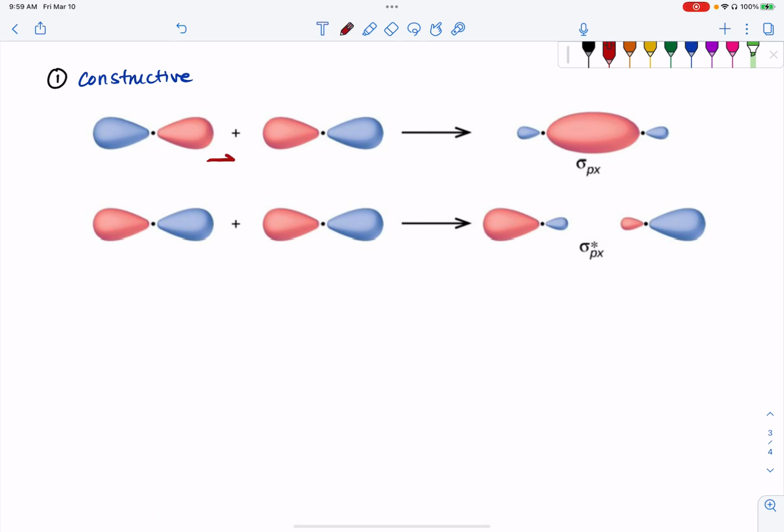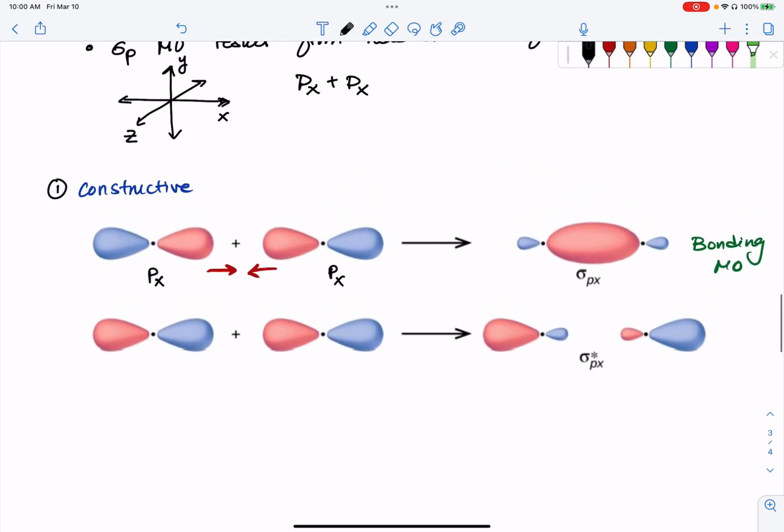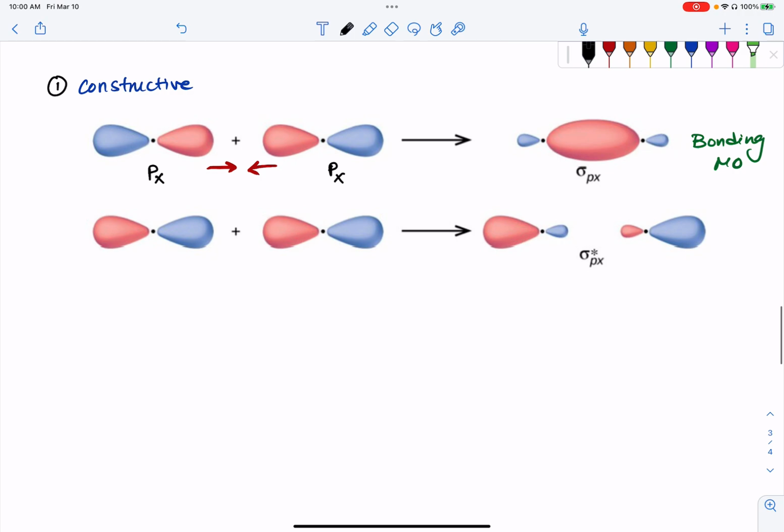So we have this head-on combination that results in an additive new MO, which is called the sigma px bonding molecular orbital, and it is the px because these guys that are starting out here, they are oriented along the px axis. This is why we call this the sigma px bond or bonding MO.